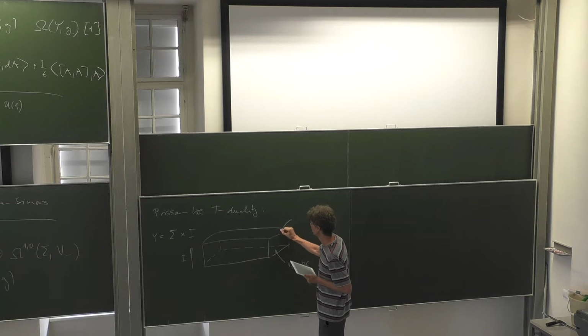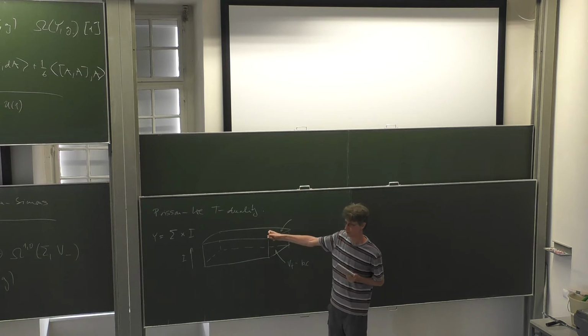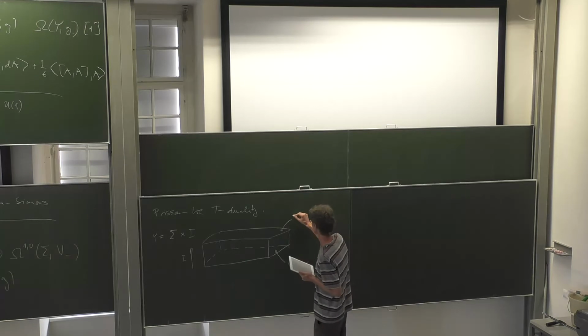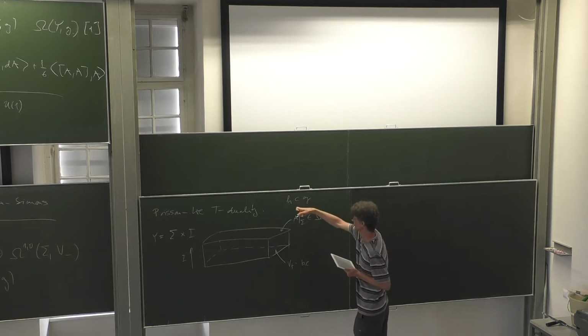That's where the dynamics is happening, this non-topological thing, but here I will put a topological boundary condition, so no local dynamics. So here I will use a Lagrangian Lie algebra h in g, and I will say that A restricted to sigma should have values in this guy, so in sigma, comma, h.